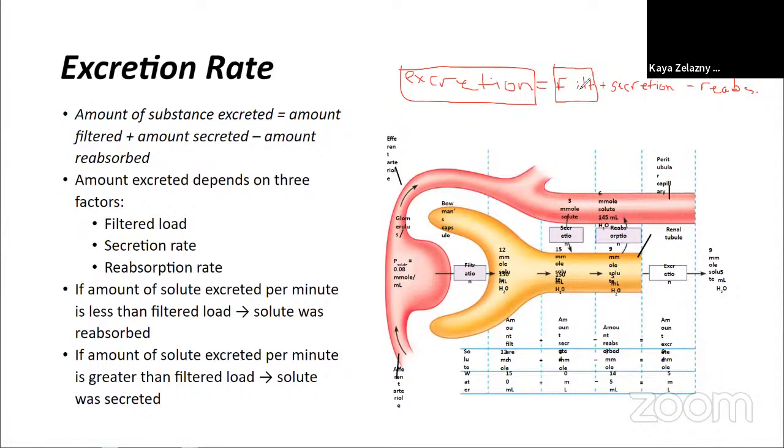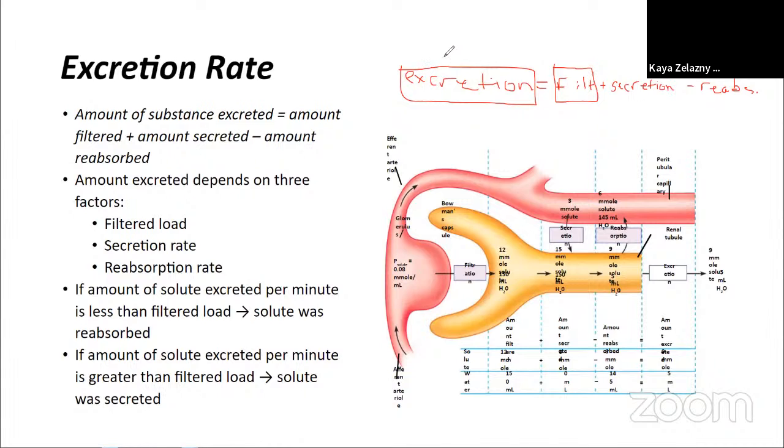So like how much plasma is getting filtered through the kidneys. So these are two things we could measure with a urine test and a blood test. If we can measure these two things, we can then figure out whether we are secreting more of this into the kidneys, or whether we are reabsorbing more of it into the blood. So that's the basic idea here, is just to figure out from these two things that we could measure what's happening in the kidneys.